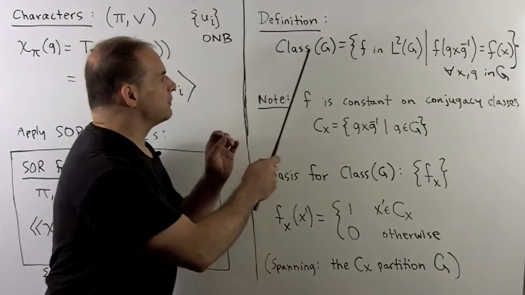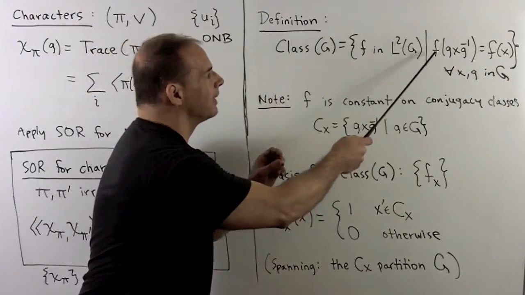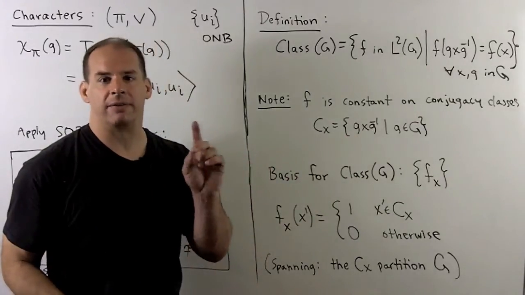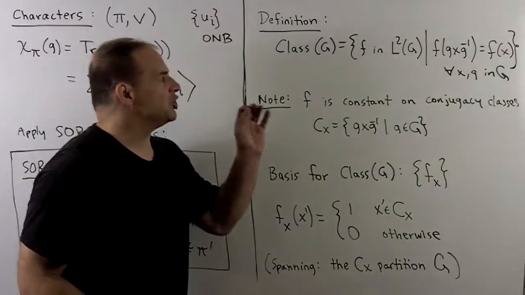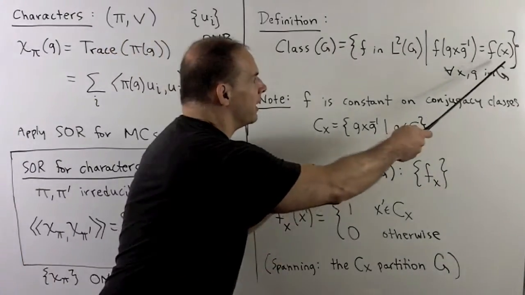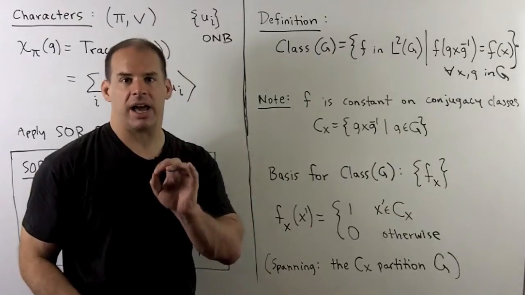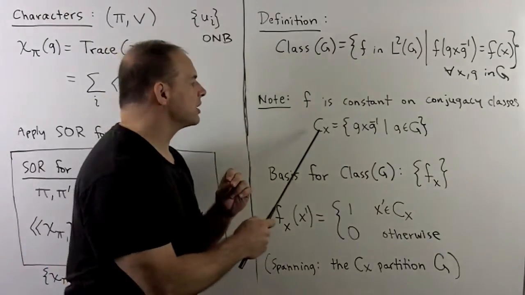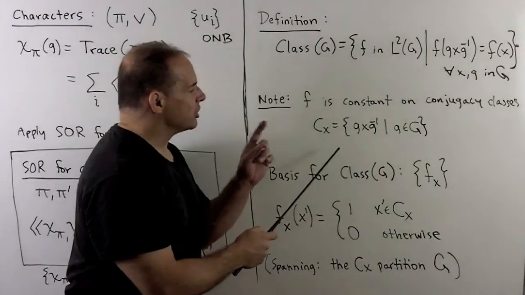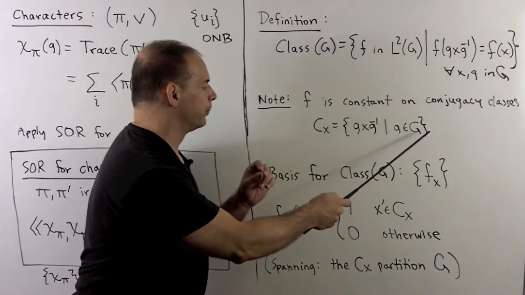So I define Class(G). It's going to be all f in L2 of G such that f of g x g inverse is equal to f of x for all x and g in our group. Now, one way to interpret this: f is constant on conjugacy classes. And recall the conjugacy class of x is just given as all conjugates of x as we range over the group.